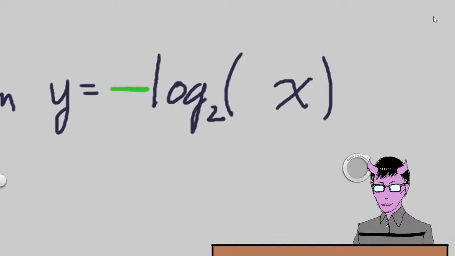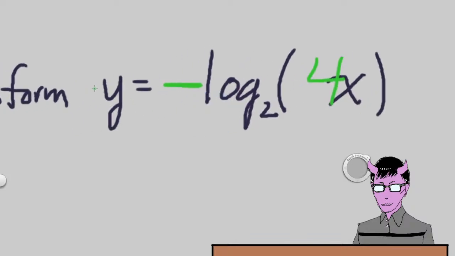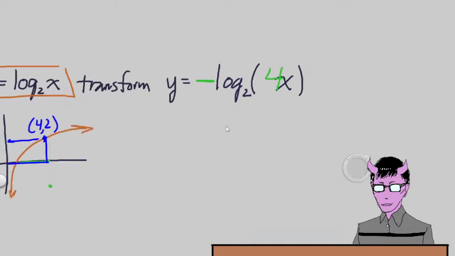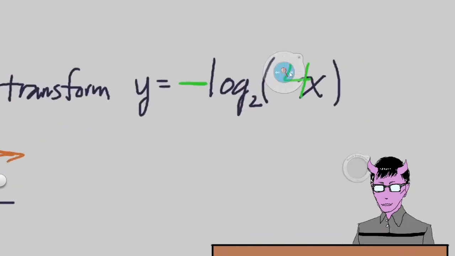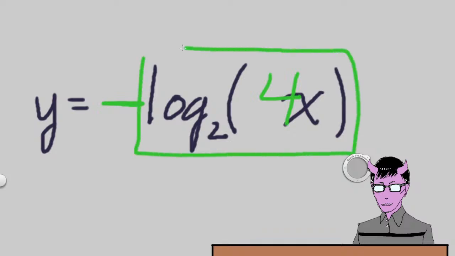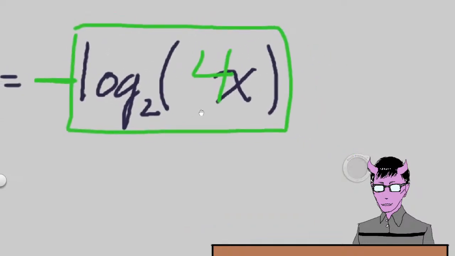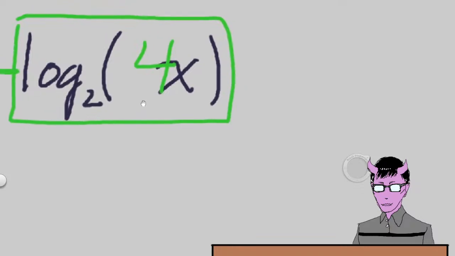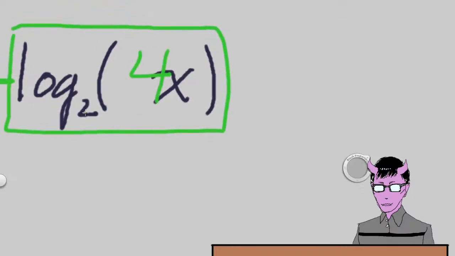But for this reflected version of the parent function, if you input a positive 4, then we get what? A negative 2. Yeah, we get a negative 2. Ignore the negative sign for a moment: 2 to the power of what gives us 4? 2 to the power of 2 gives us 4, right?